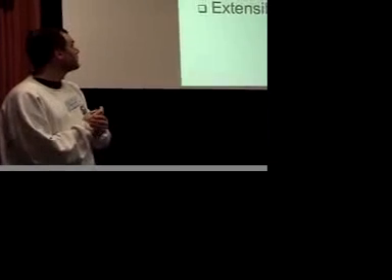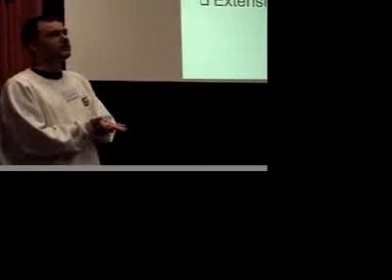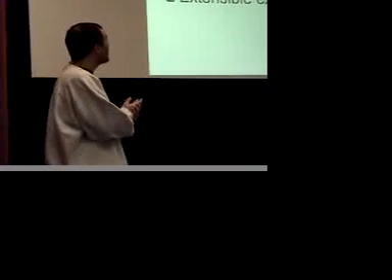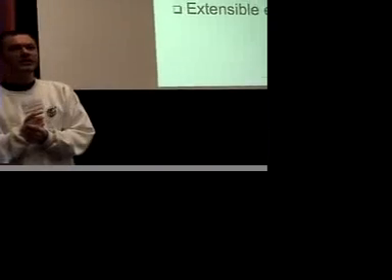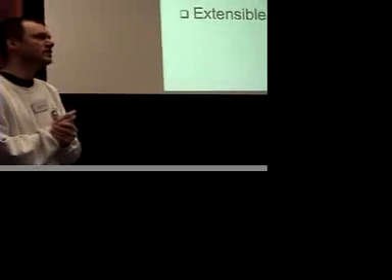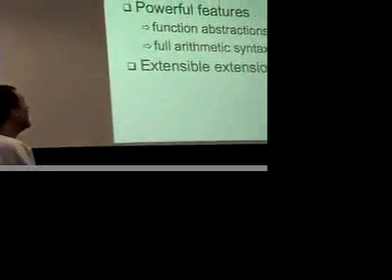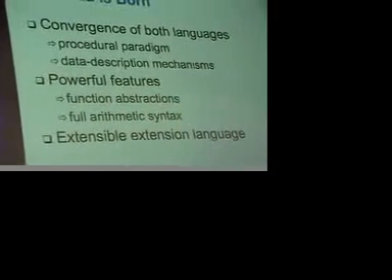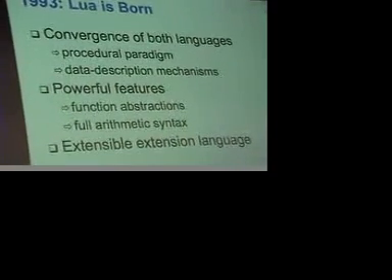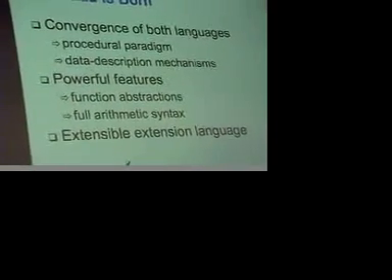So it should have some powerful data description facilities, mainly for Sol. But also it should be a complete language with full abstraction facilities and usual syntax and things like that. And mainly something that it got from Sol, it should be what we call an extension language.